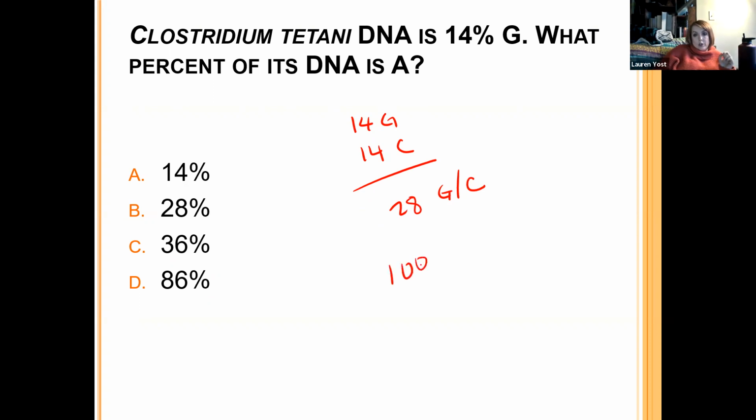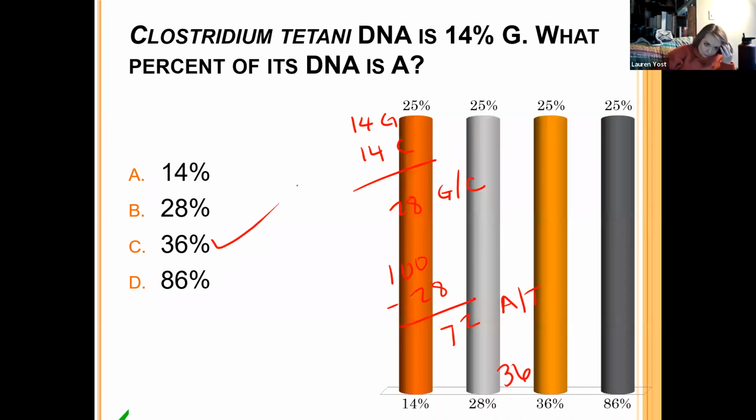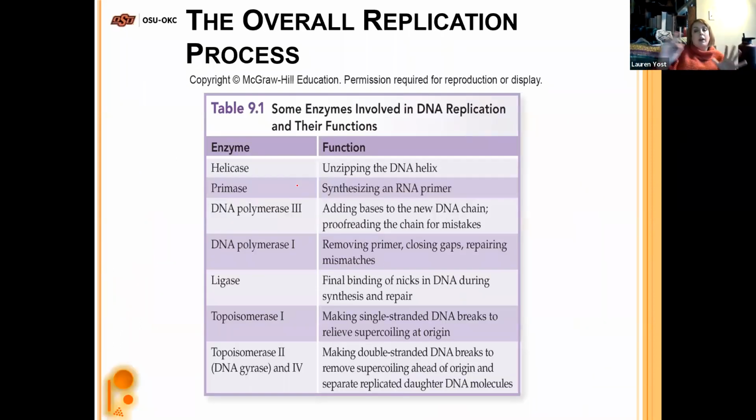Well, we've got 100% minus 28, which is 72, okay? And that's what's left over. So that would be A and T, right? So half of that is going to be A. So that is going to be 36%. Okay, so that's how we did the math of that.